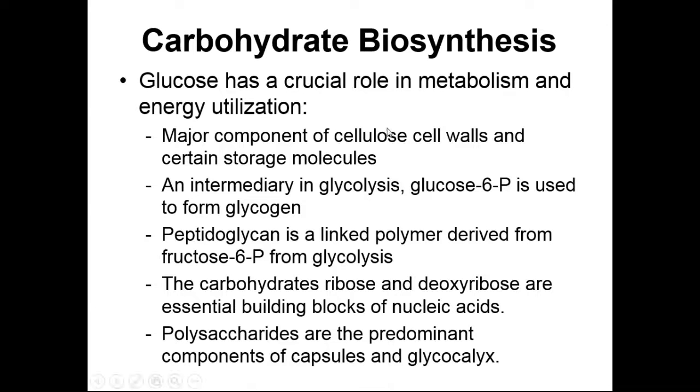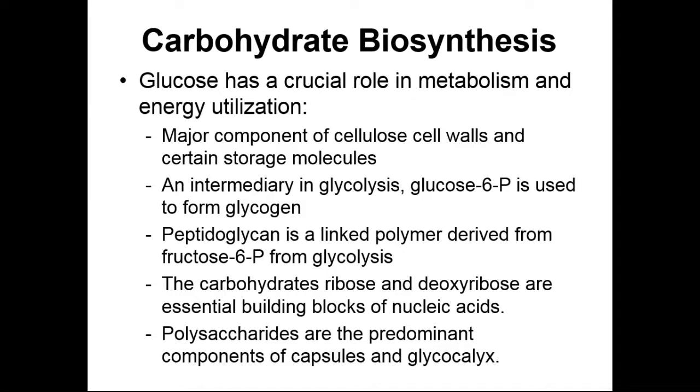If we take that intermediate compound from glycolysis, glucose 6-phosphate, which is the second chemical generated in glycolysis, glucose 6-phosphate is used directly by animals to make glycogen, which is in human beings how we store carbohydrates in our liver. If we take fructose 6-phosphate from the glycolysis pathway, we can use fructose 6-phosphate to make peptidoglycan, which forms the cell walls of bacteria.